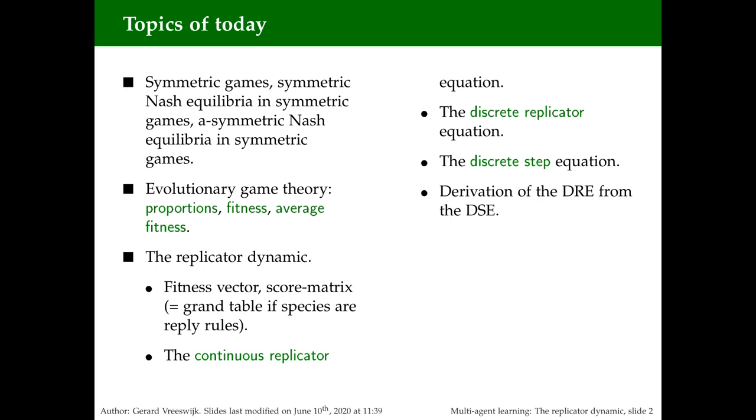I will refer to a derivation of the discrete replicator equation from the discrete step equation, but I will not discuss it at length, because you can peruse the slides yourself, and we'll see to what detail we discuss those derivations, because they are not of immediate importance to the practical assignment. And the continuous replicator equation can derive on its turn from the discrete replicator equation.